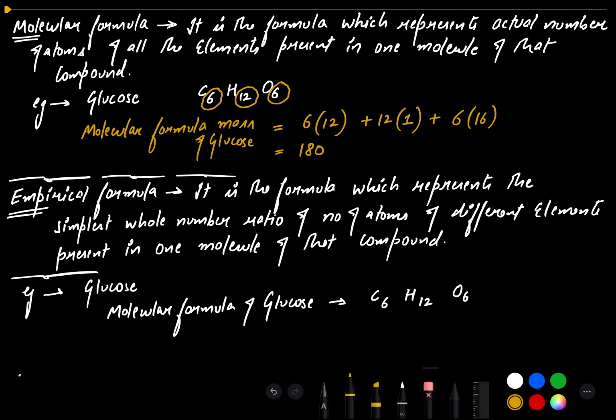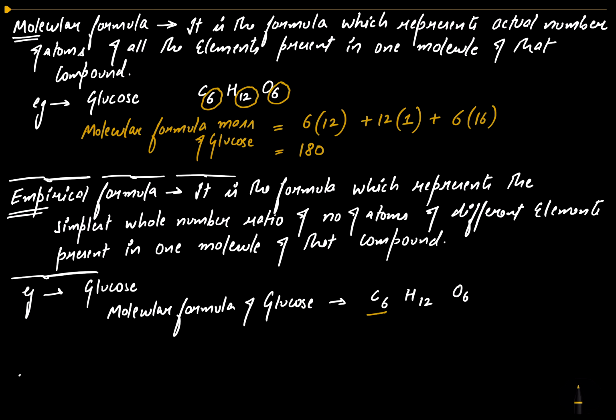So here let me take the ratio of the number of atoms of carbon, hydrogen and oxygen in one molecule of glucose. It is 6 : 12 : 6, because carbon was 6 in number, hydrogen was 12 and oxygen was again 6. The simplest whole number ratio comes out to be 1 : 2 : 1.